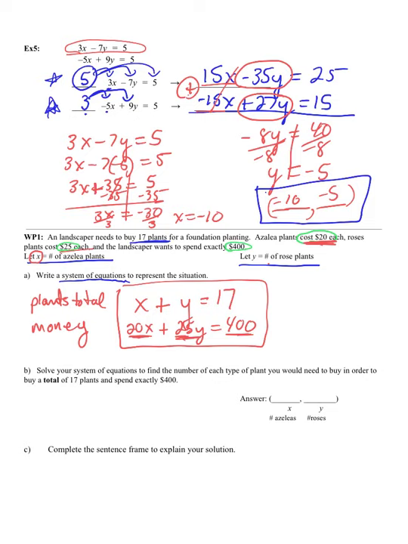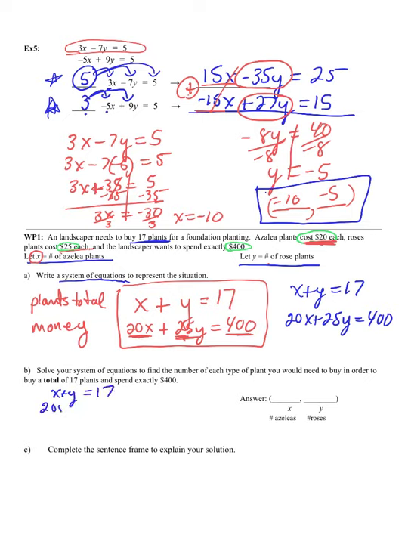And B says, solve your system. I'm just going to write this over here a little neater. x plus y is equal to 17, and then 20x plus 25y equals 400. Okay, so solve your system of equations to find the number of each type of plant you need to buy in order to buy a total of 17 plants and spend exactly $400.